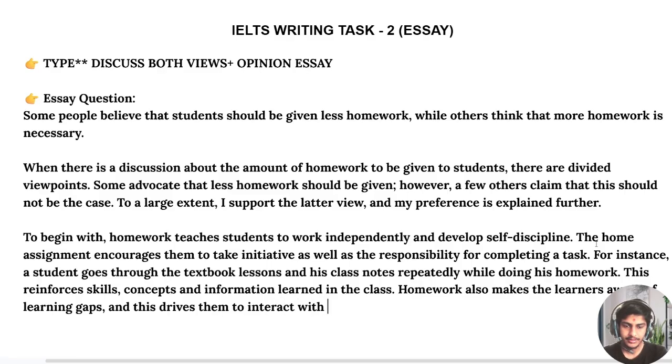Interact with teachers for doubt solving.